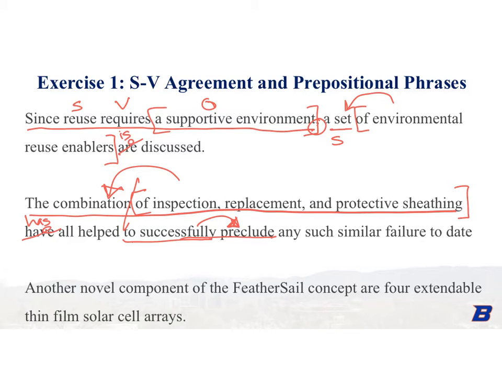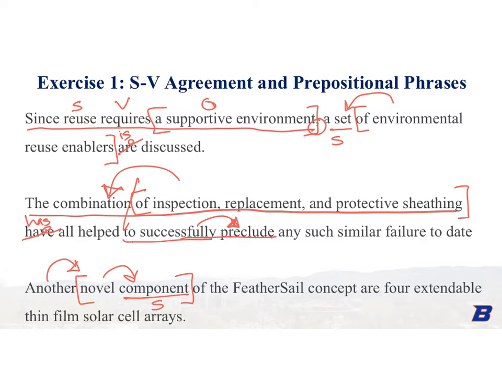So in the last sentence, "another novel component of the feather sail concept." So another is a descriptor for novel component, which is singular. So novel component is your noun phrase. Novel is describing component, another is describing the entire phrase, but component is your subject.